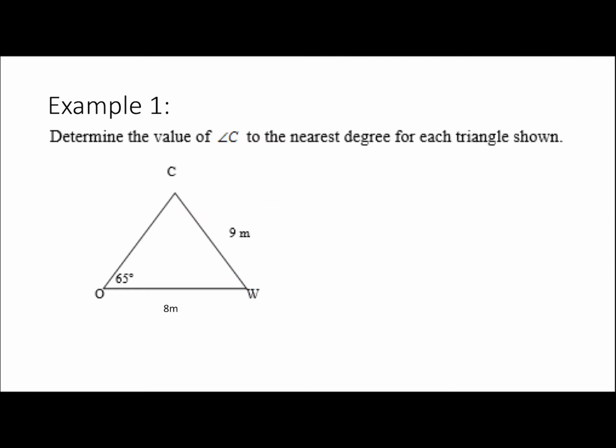Okay, so let's work with examples now. Let's say I have this triangle. There's no 90 degrees anywhere. And let's say I want the value of my angle C. Well, the ratio of sine of C over 8 is the same ratio as the sine of 65 divided by 9.